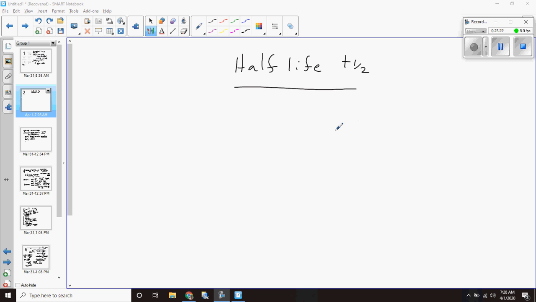Before we go on to second order reactions, I forgot to talk about the concept of half-life. And we kind of saw this in the problem we just did. There is an expression used, and it's not just used in kinetics, it's also used when we're talking about nuclear reactions called half-life. And half-life is literally defined as the time it takes for half of the available molecules to convert into products.